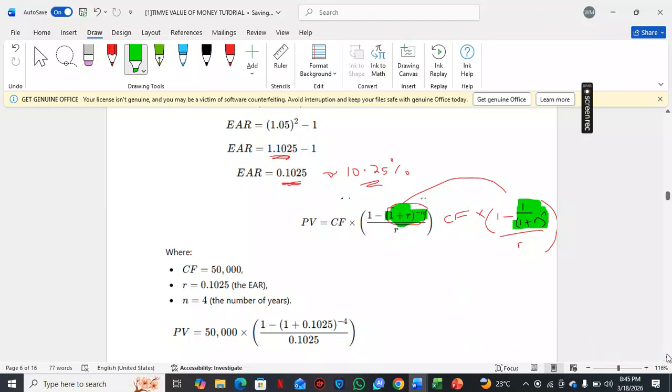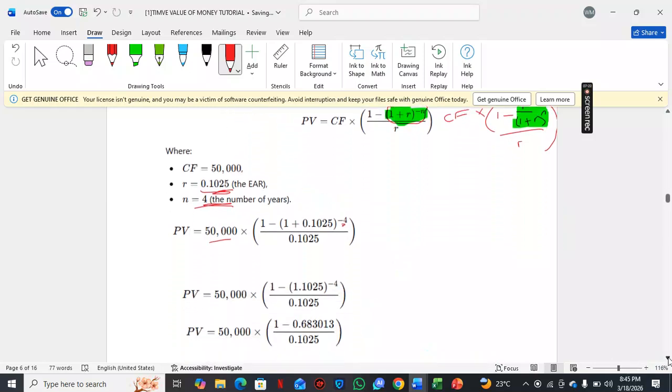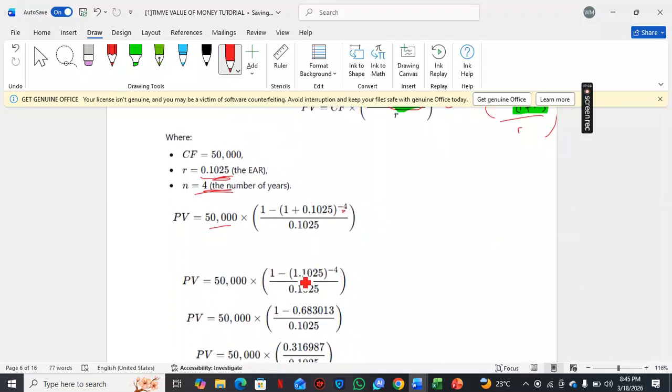So the cash flows are 50,000. Our rate is 0.1025, 10.25%. Number of years, 4 years, as you can see, to the power negative N. N is 4 years. So when we do our tabulations, 1 plus 0.1025, you get 1.1025.